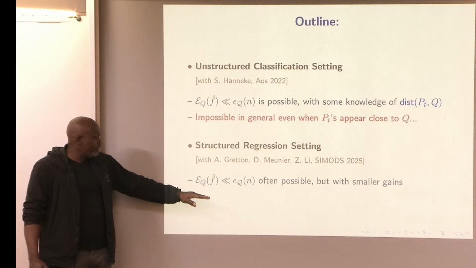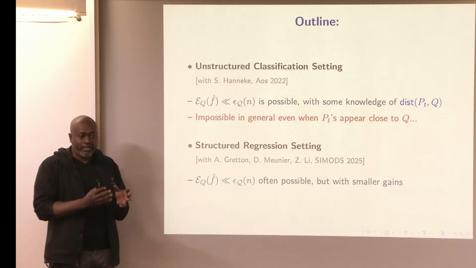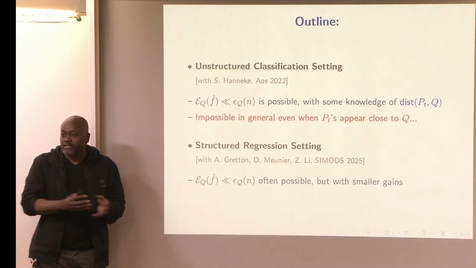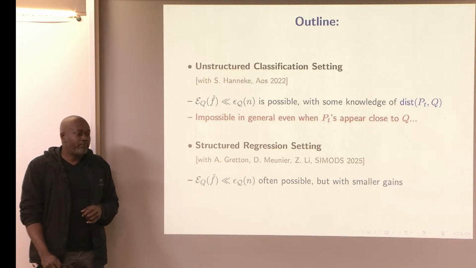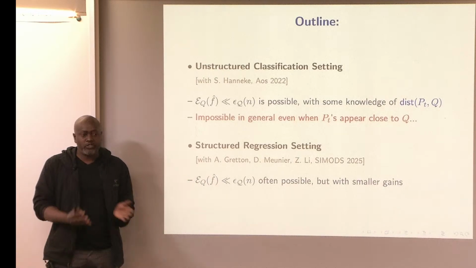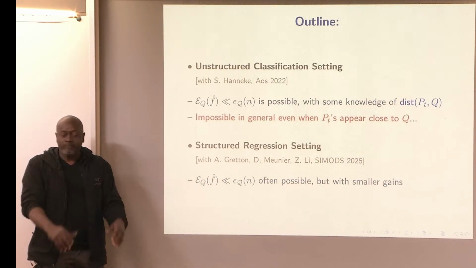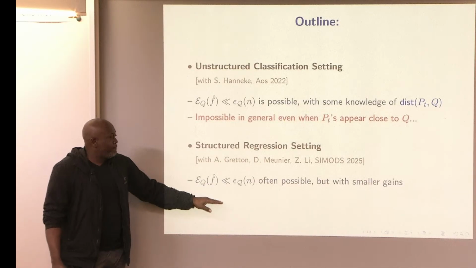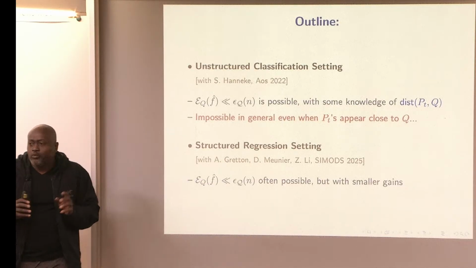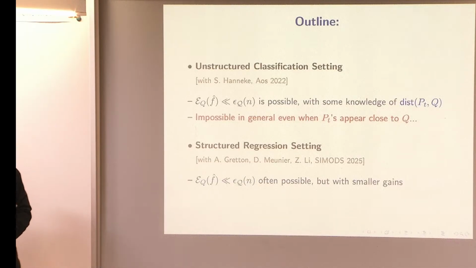We'll show that it's often possible if the assumption holds that there is some shared substructure between P and Q. Usually, the shared substructure is some representation of the data. That representation is shared. Then it is possible, but with smaller gains than we might hope for. And I'll make that clear also.